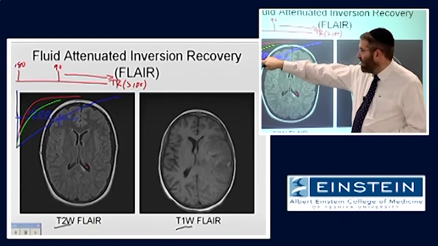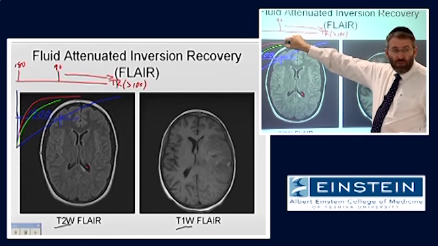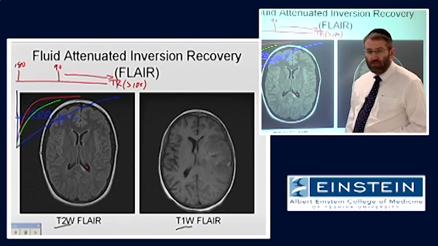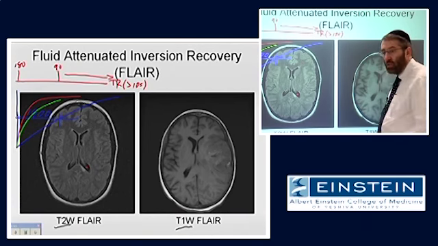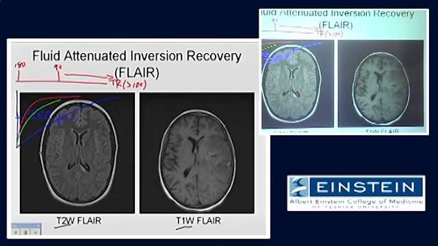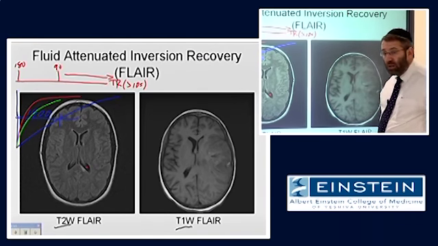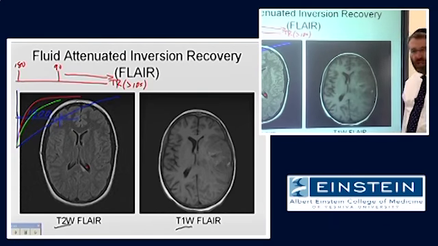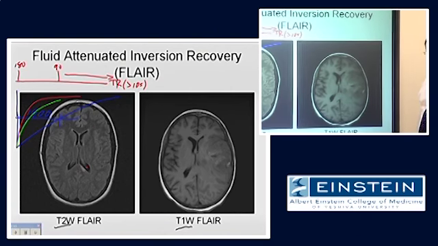So by that point in time, we've largely recovered most of our longitudinal magnetization from the tissue component of the image. So that's why these so-called T2 weighted FLAIR images really don't have a lot of T1 contrast in them, although they certainly do have T1 contrast in them. And the fact that the CSF is black is 100% a T1 contrast mechanism.